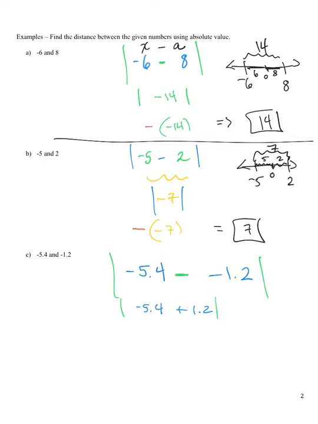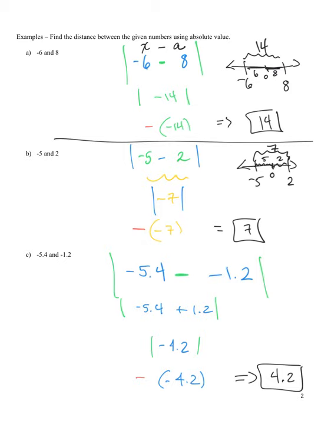If I were to add those two together, what am I going to get? I'm going to get the absolute value of negative 4.2, and you should be able to do that subtraction. Since the input is negative, I have to take the opposite of it, so the distance between those two numbers is 4.2.